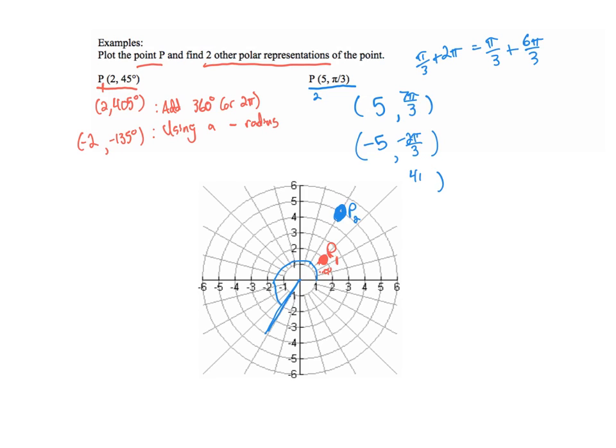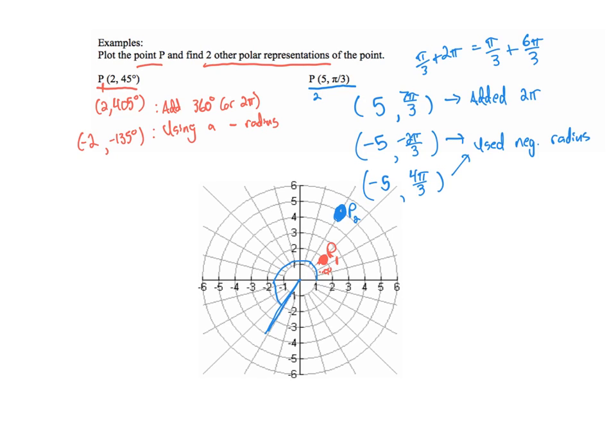So you could say this is 4π/3, and then still go back along the negative radius that way. So in this alternate representation we just added 2π to our angle. And then in these two, we used a negative radius.